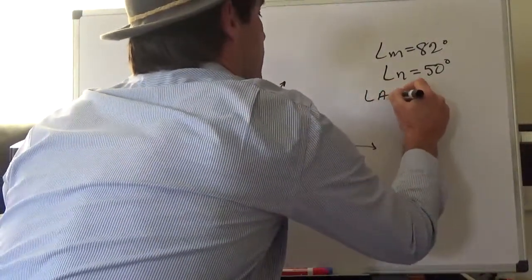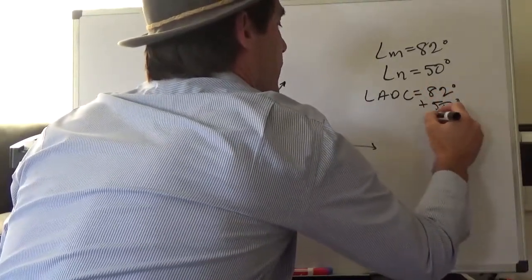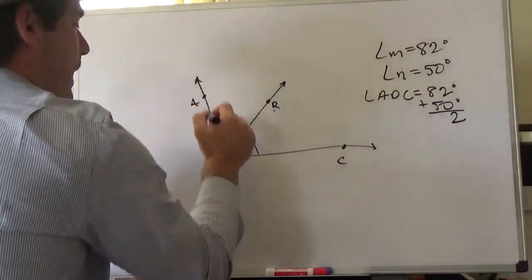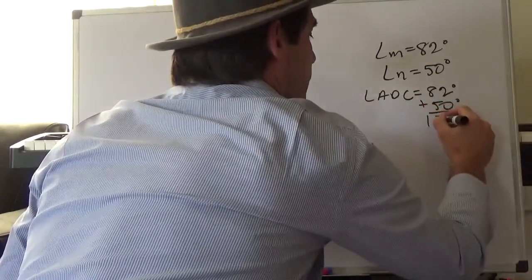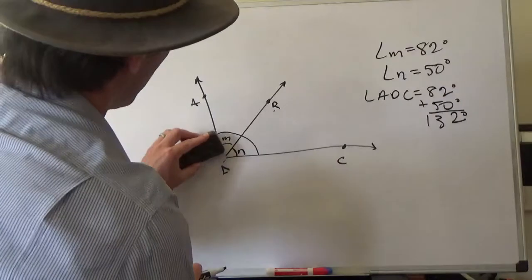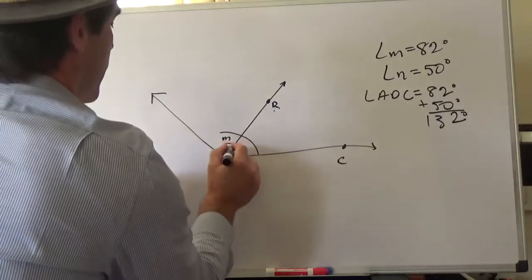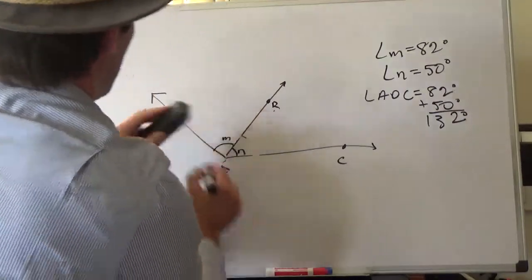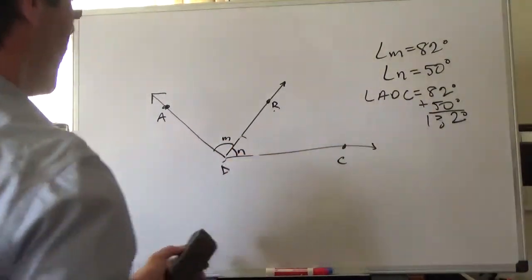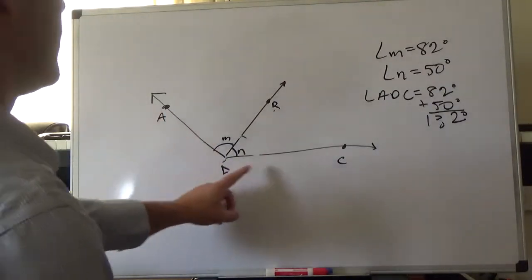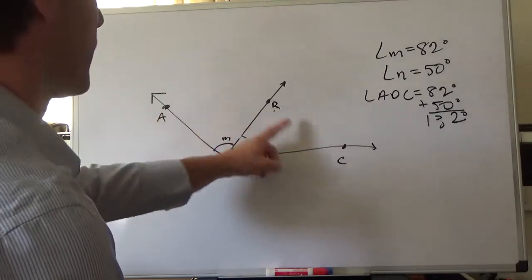Angle ADC equals 82 plus 50, and essentially this entire angle ADC would be 132 degrees. In fact, if I was doing this to scale, it would look more like this, because 132 looks like this could be a 132 degree angle. So again, angle ADC would be angle M plus angle N to give you this bigger angle.